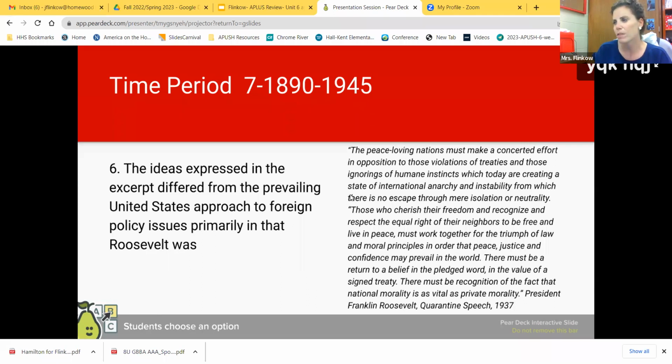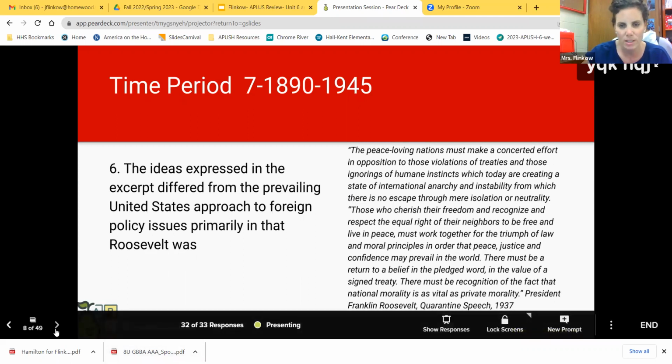The other answer choice you could have gotten this down to would be B, encouraging the United States to avoid political entanglements in Europe. But the key is knowing that that would have been the prevailing thought, to avoid and stay neutral. He is going against that, and it tells you that he's going against that prevailing thought. So the answer choice is A.